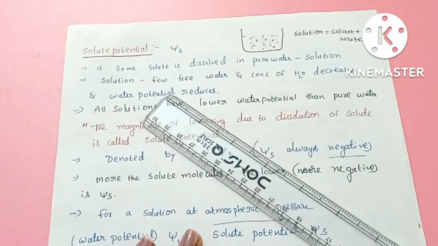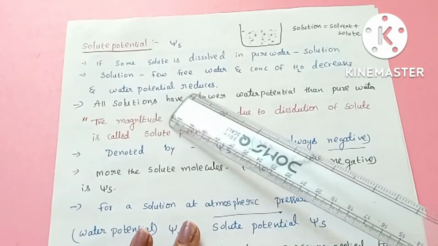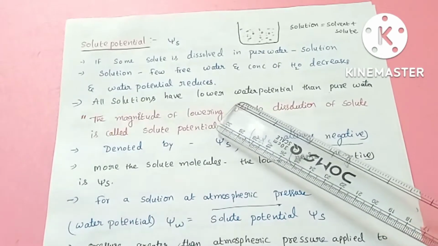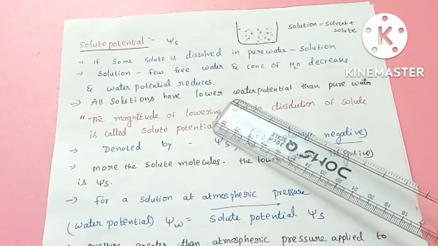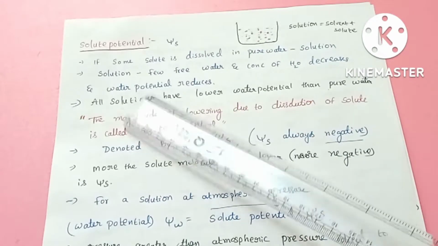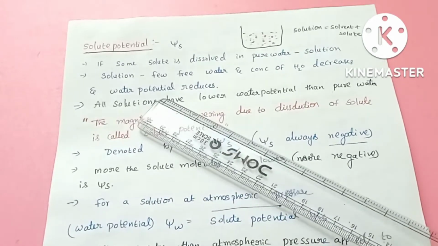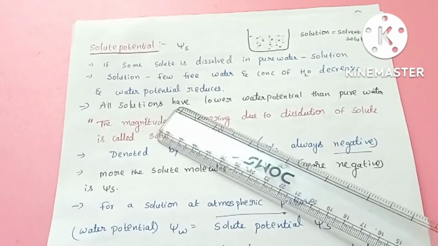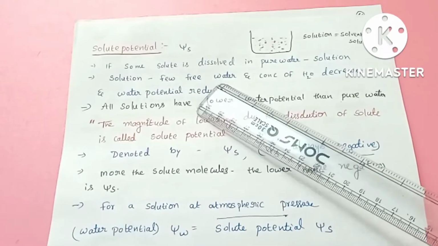In that solution, the number of free water molecules, or the concentration of water, decreases. If the number of free water molecules decreases, the water potential also reduces. For a solution, the water potential reduces because of the addition of the solute.